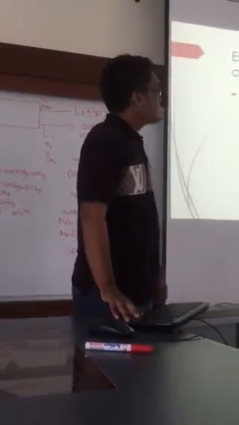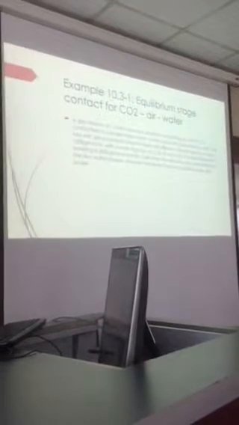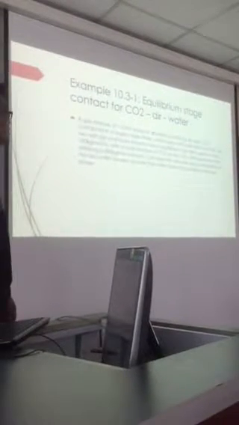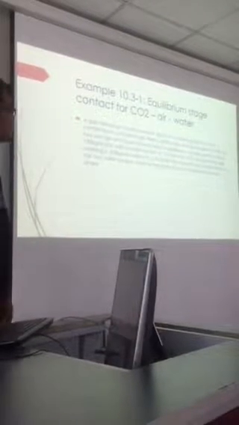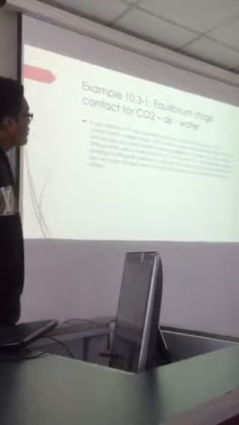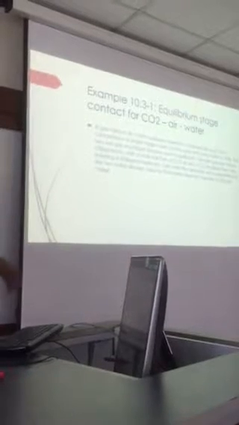The two exit gas and liquid streams reach equilibrium. The inlet gas flow rate is 100 kmol per hour with mole fraction of CO2, YA2, of 0.2. The liquid flow rate entering is 300 kmol water per hour.